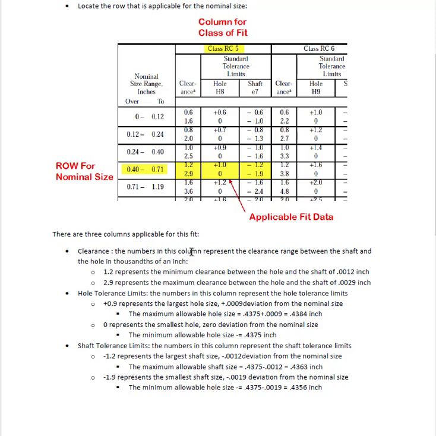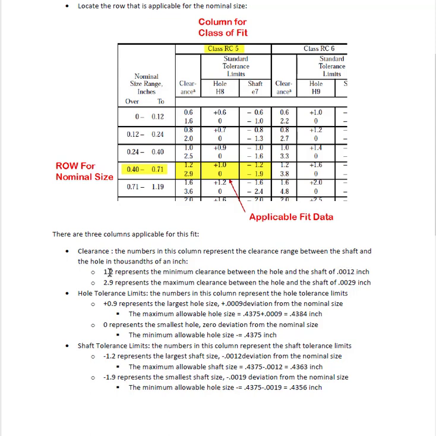And the numbers in this column represent the clearance range between the shaft and the hole. So this is clearance. These are clearance numbers. If we take the hole and subtract from it the shaft, we're always going to end up with positive numbers because this is a clearance fit. Okay, so now the 1.2 represents the minimum clearance between the hole and the shaft, and that's going to be 0.0012.